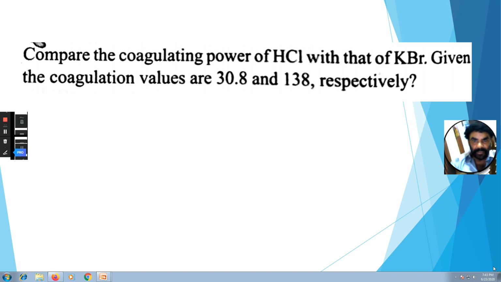That is coagulating power of HCl divided by coagulating power of KBr. We have to take the ratio to be determined. Given that the coagulating values are 30.8 for HCl and 138 for KBr.